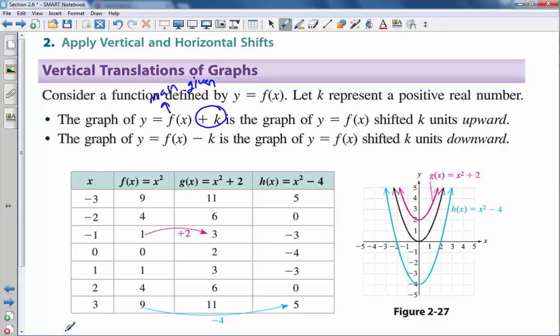How do you change that V shape? It says if that number is positive, you just need to move that shape 10 units up. But if you see minus 5, negative 5 on the very end, you just need to move it down 5 units. Does it make sense? Plus is up, minus is down.